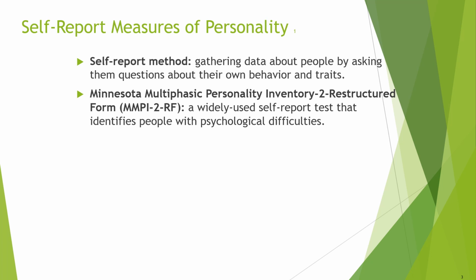This is a very widely used self-report test that identifies people with psychological difficulties. It is very well known in the psychological field, the MMPI, and it is employed to predict some everyday behaviors.